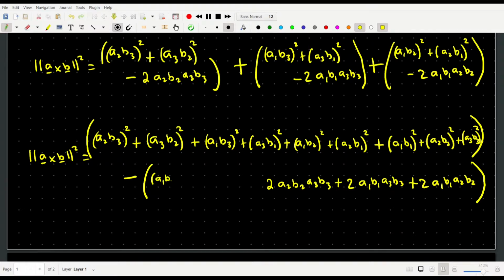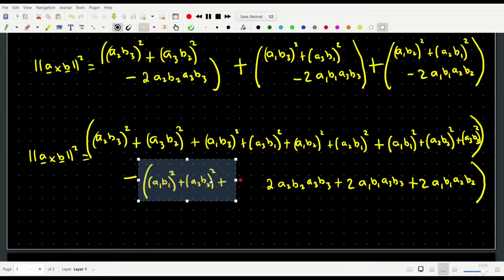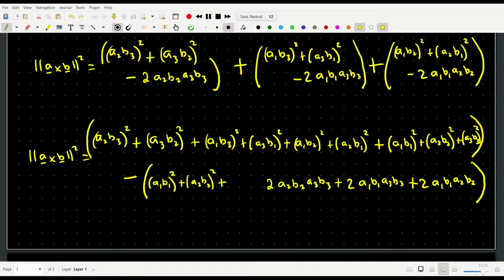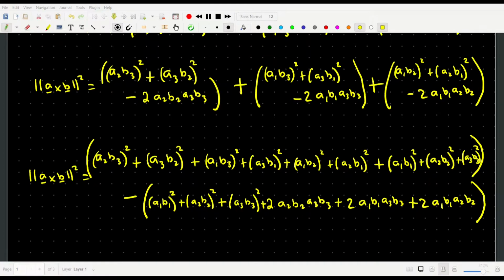And if I add in those terms, I have to also subtract out those terms as well. So I'm going to end up subtracting out the terms a1 b1 squared plus a2 b2 squared plus a3 b3 squared. And then we also have, if I factor out a negative sign from each one of these, plus each one of these terms here.